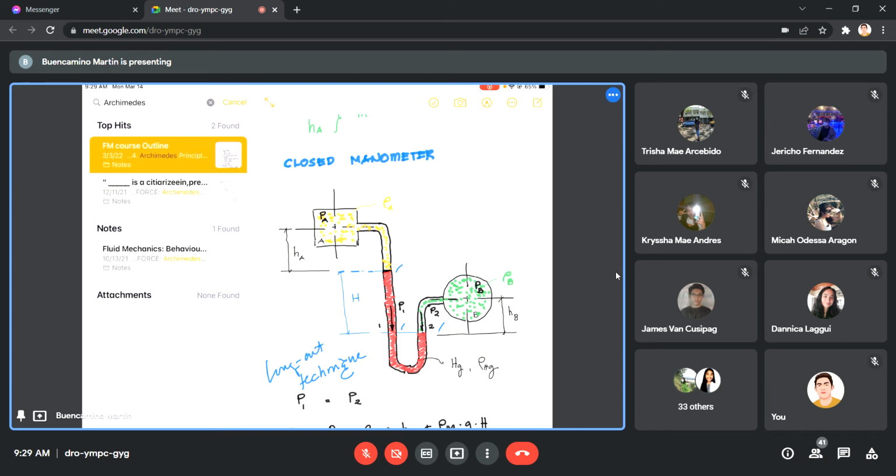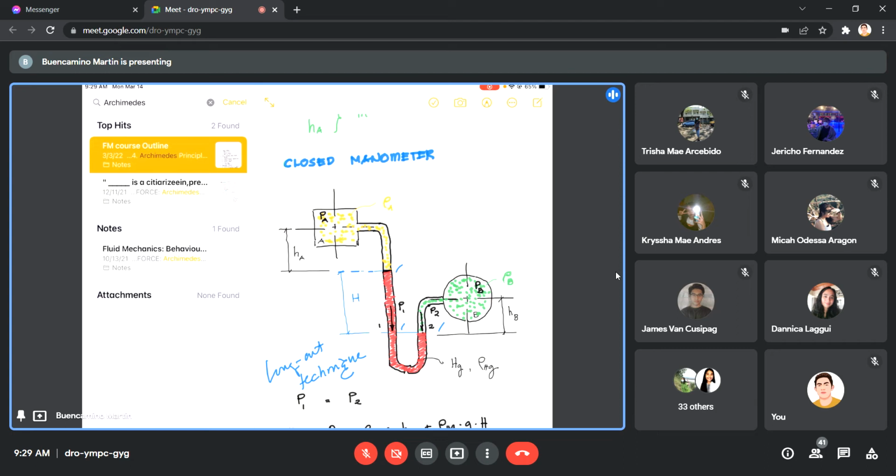So vessel A contains a fluid with a density of rho A, while on the other side we have a vessel B that contains a fluid B. Okay.